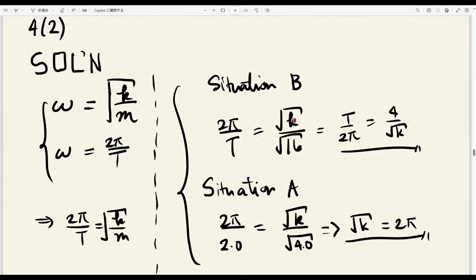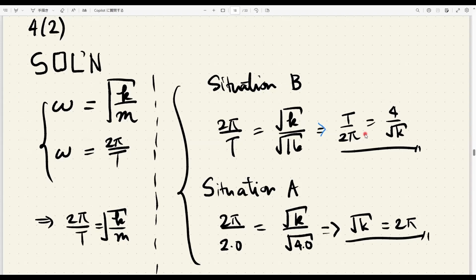It's not given in the problem, but later we'll see that we can figure that out. So 2 pi over T equals square root of K over square root of 16. Square root of K is still square root of K. So we just flipped it, because we want the T on the top. Actually, this should be an arrow, so I'm going to correct that. It shouldn't be an equal sign.